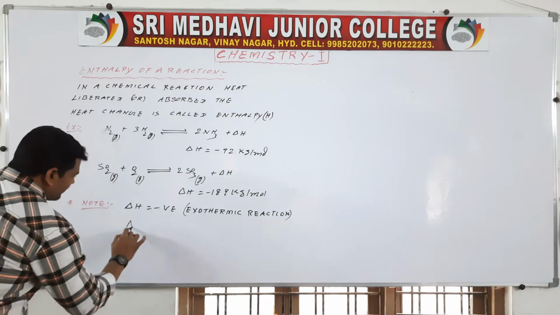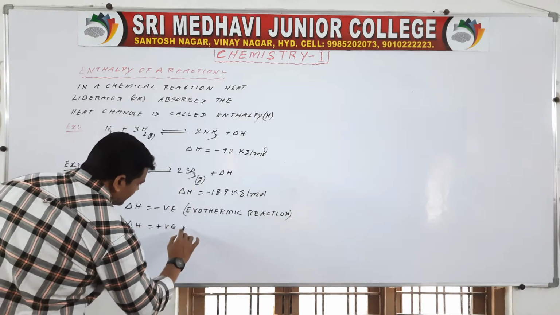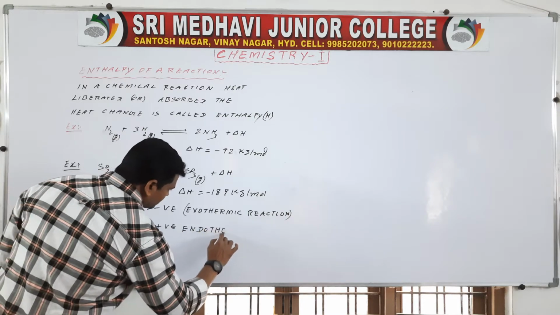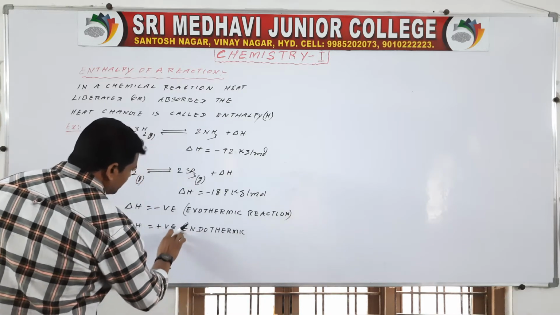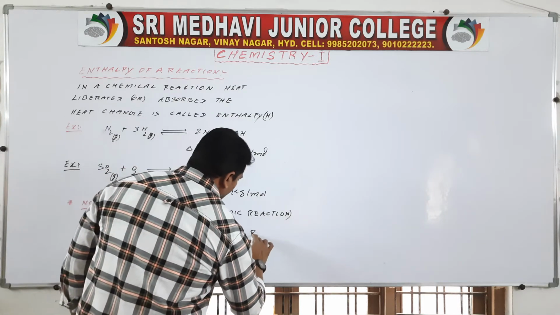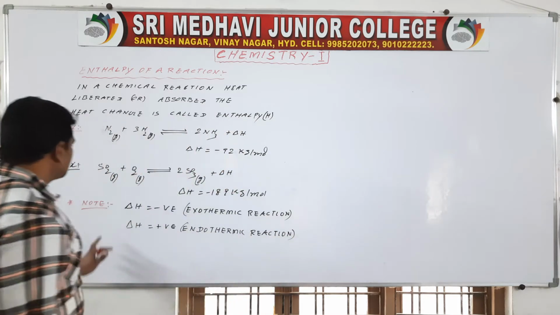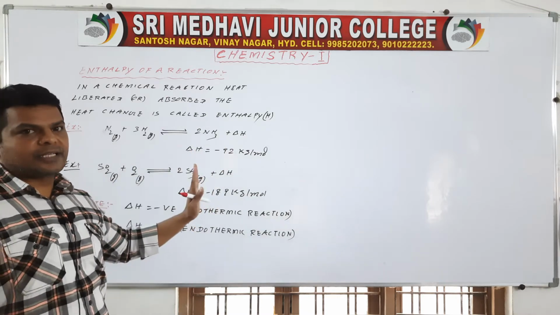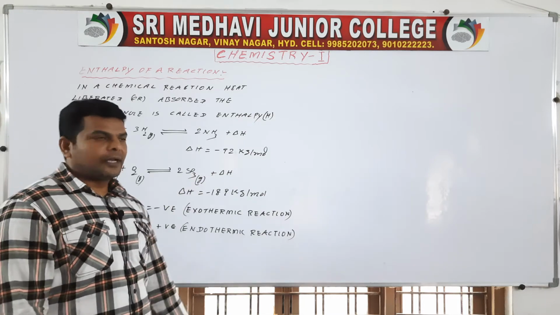If delta H is positive, that is an endothermic reaction. Here delta H is negative in both reactions, so these two are exothermic.